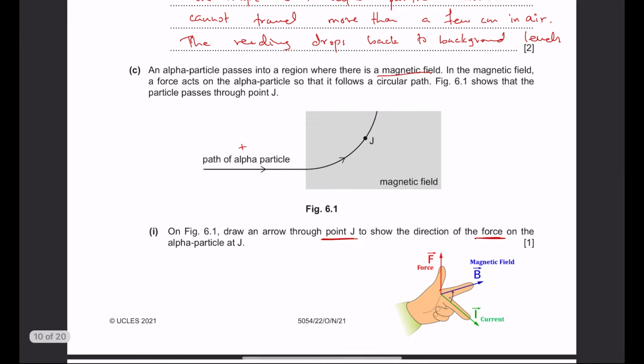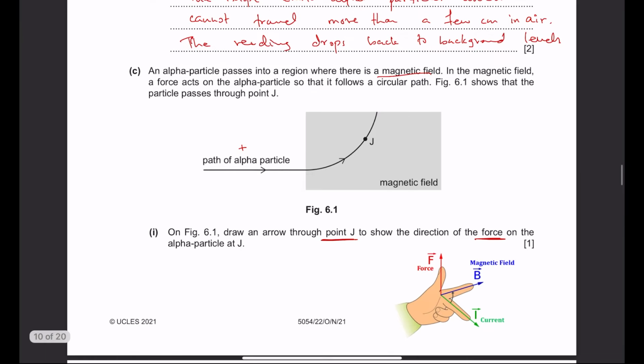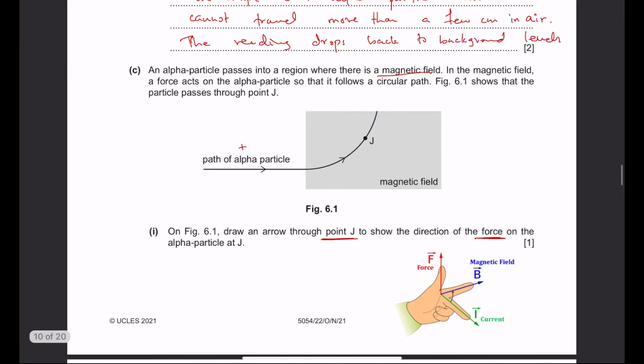And if you are being told the direction of the magnetic field, you can actually find the direction of the force using Fleming's left hand rule, just like you find out the direction of the force on a current carrying wire passing in a magnetic field. However, in this question, you can clearly see that the alpha particles are deflecting upwards, so the force on them is upwards.